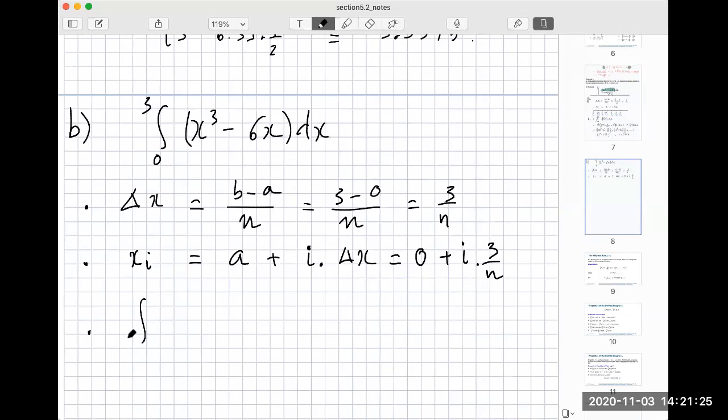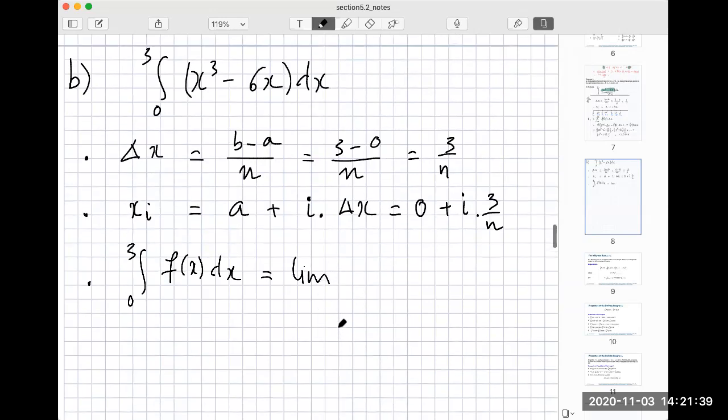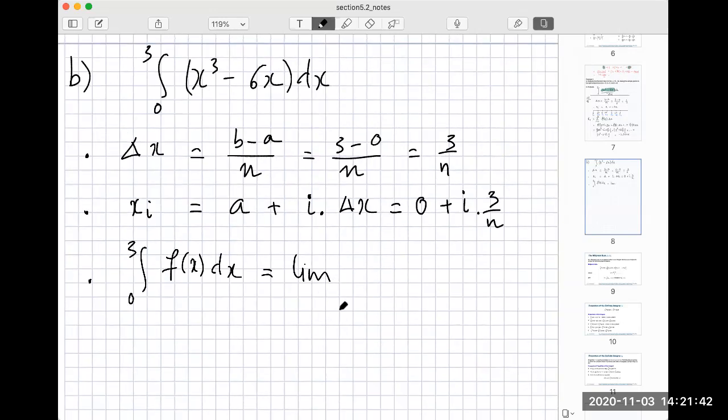And the integral from 0 to 3 of f(x) dx, from the definition in the notes, is the limit as n goes to infinity of the sum from i equal to 1 to n of f(xi) delta x.